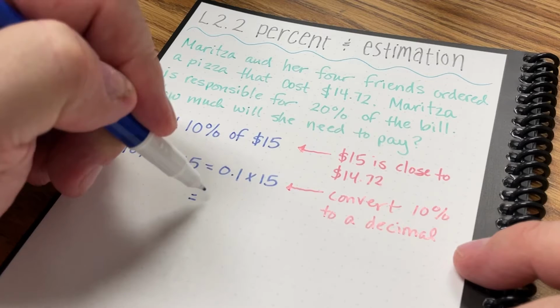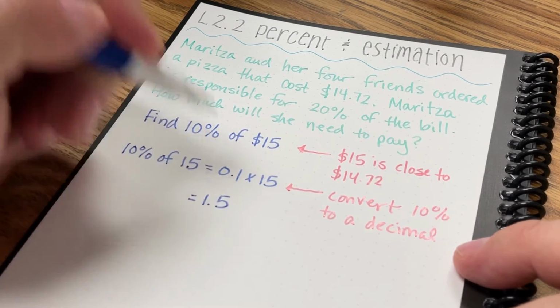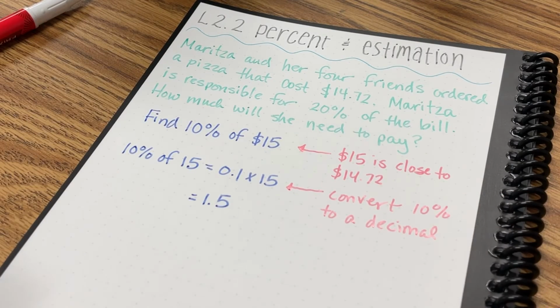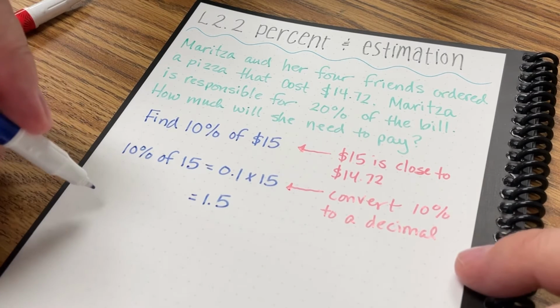And 0.1 times 15 is 1.5, or in this case, we're talking about money, so $1.50.